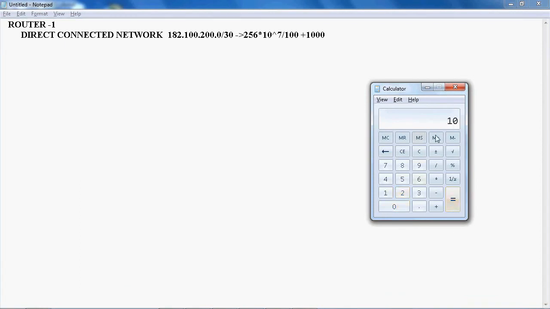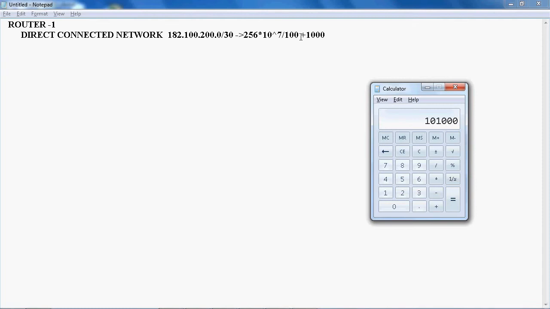So 10 power 7 divided by 100 plus 1000. Now first of all the bandwidth is in kilobytes, and that is converted into milliseconds using 10 power 7 divided by 100.